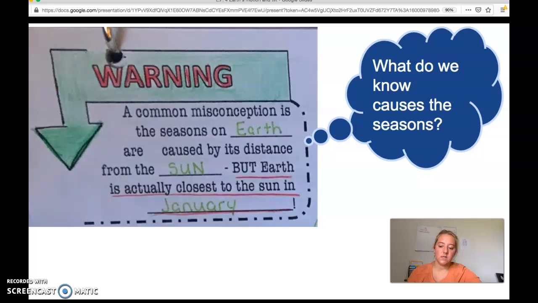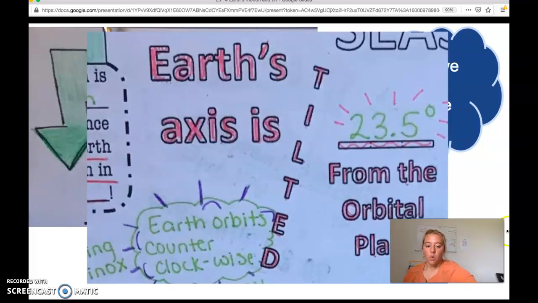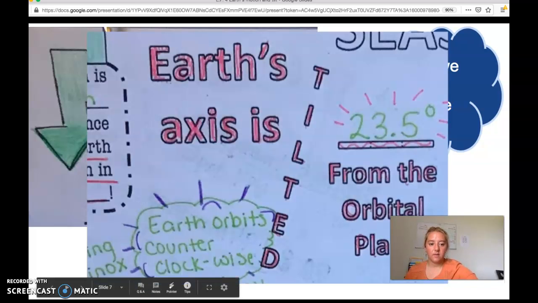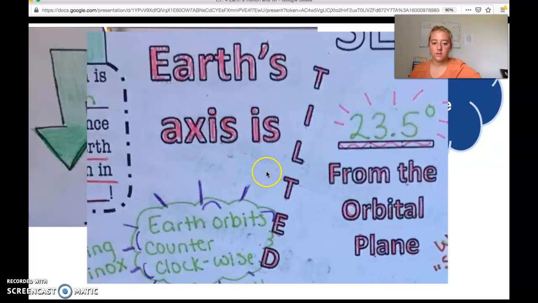So again, with these notes, because I only have a 15-minute time limit, if you need to, just pause this and play it when you're ready. So again, a common misconception is that the seasons of the Earth are caused by the distance from the sun. But we know that's actually not true because the Earth is closest to the sun in January. What we do know is that the seasons are caused by the Earth's axis tilt.